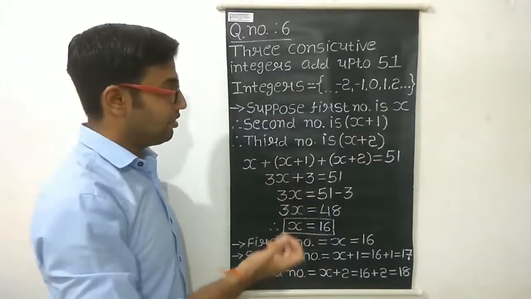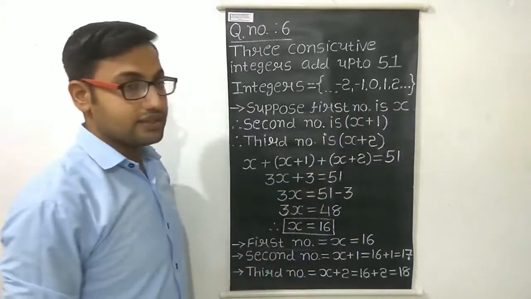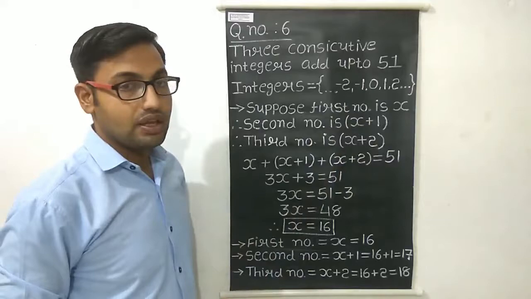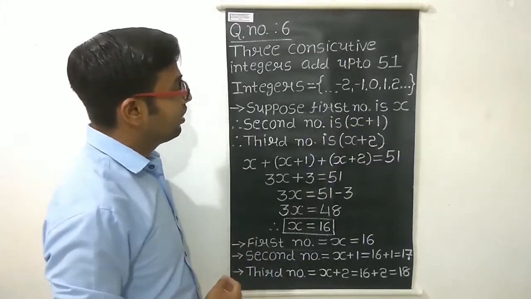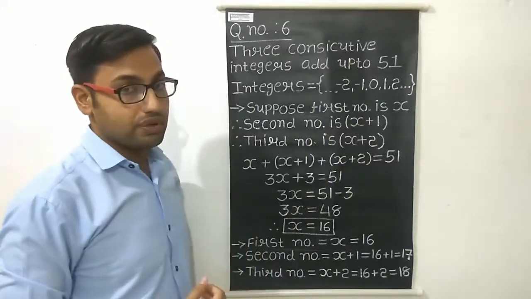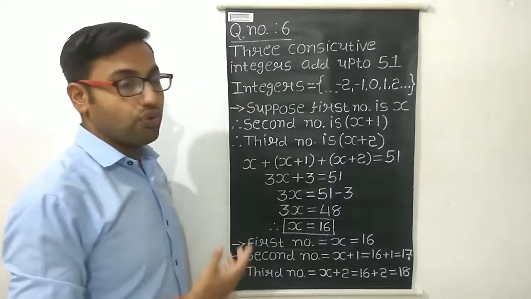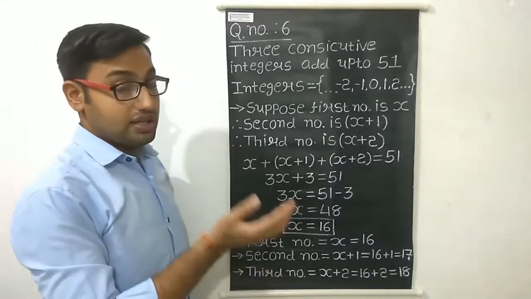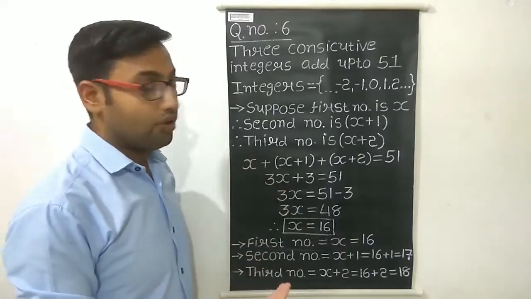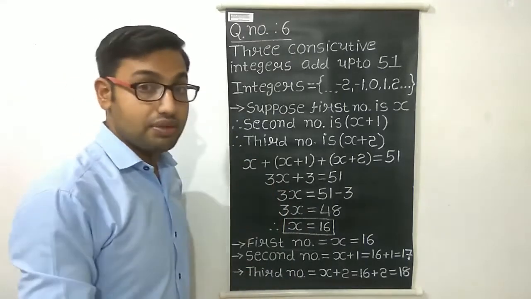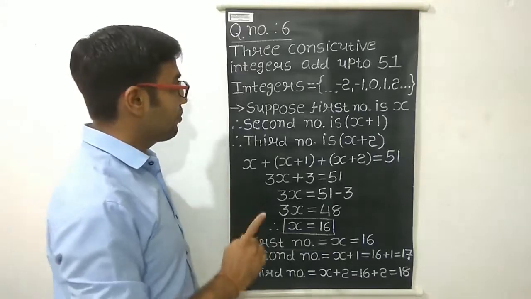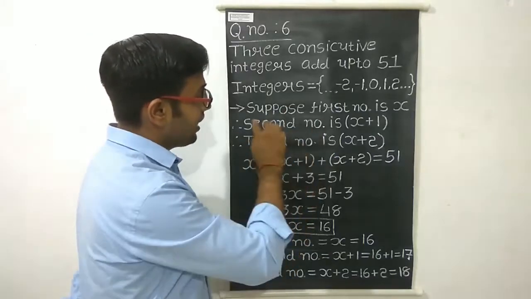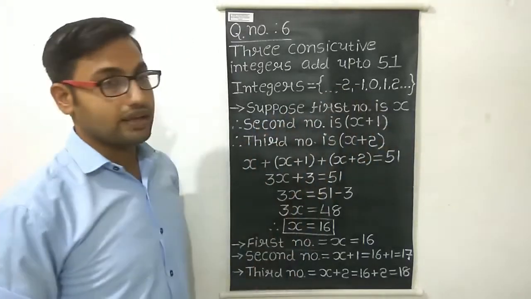We don't know the exact numbers, so let us suppose the first is x. Now how to take the other 2 numbers? We can suppose only one variable. We cannot take the second number as another variable y or the third number as a third variable z. We can suppose only one variable, and we have supposed the first number is x.